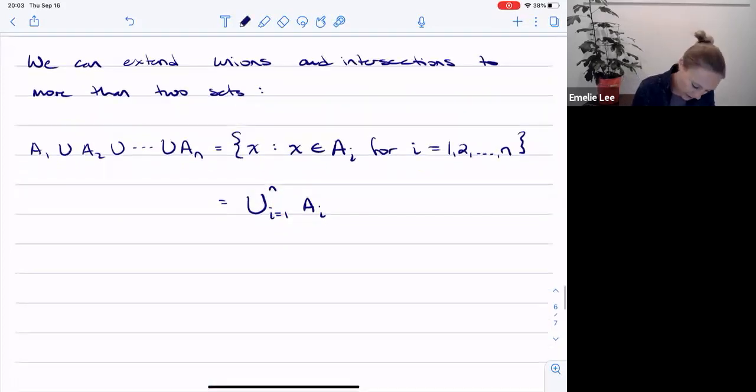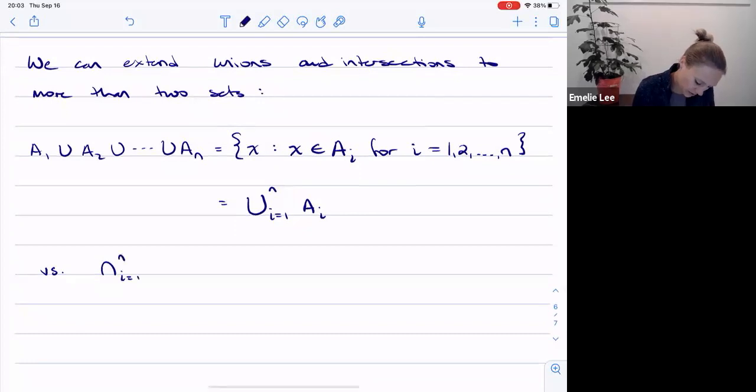Or we could also talk about the intersection. I don't know the term when we have more than two sets that we're intersecting, but it's got to have some term. So the intersection of A subscript i, so A1 through An, is going to be A1 and A2 and up to An.